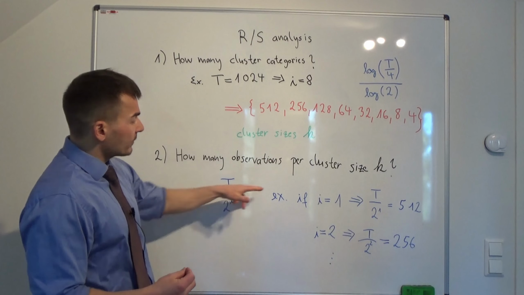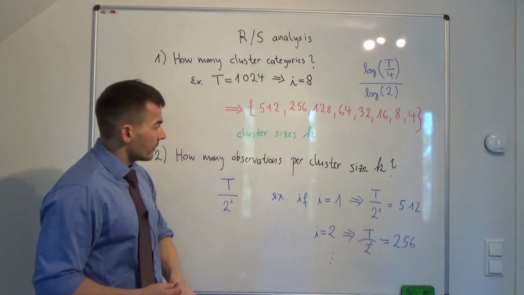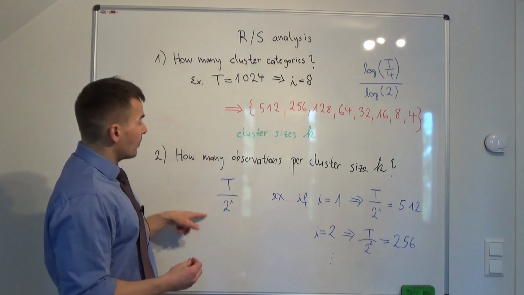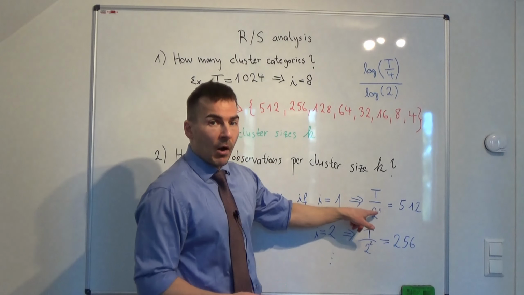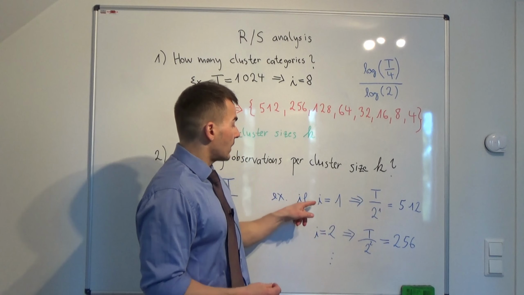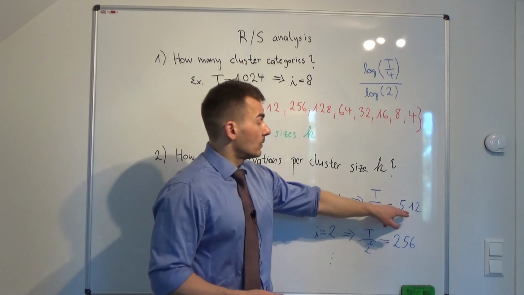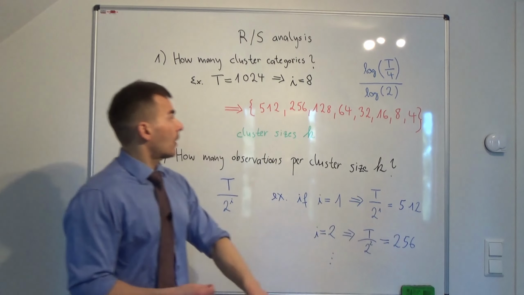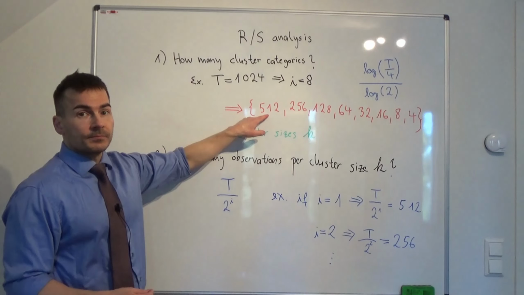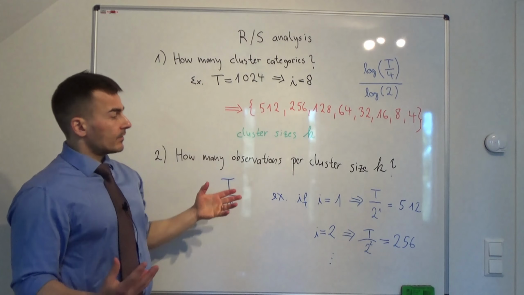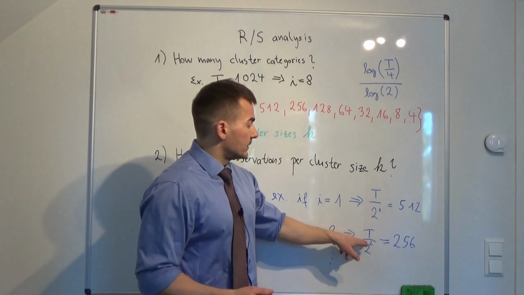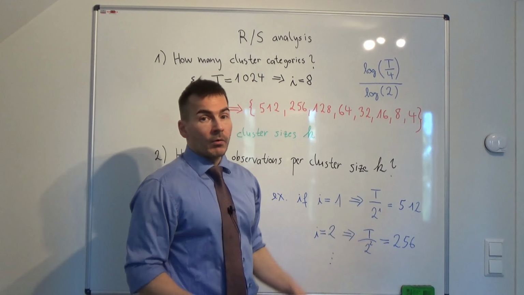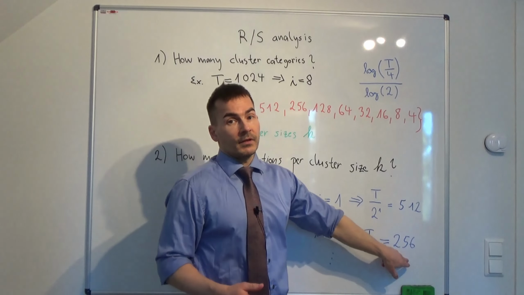So for example, if I is 1, what we get is capital T over 2 to the power of 1, and that's equal to 512. So that is our first cluster size. So what's the next cluster size? In the same manner, we calculate capital T over 2 to the power of 2, which is 256.